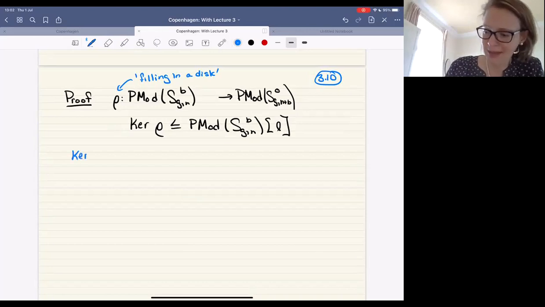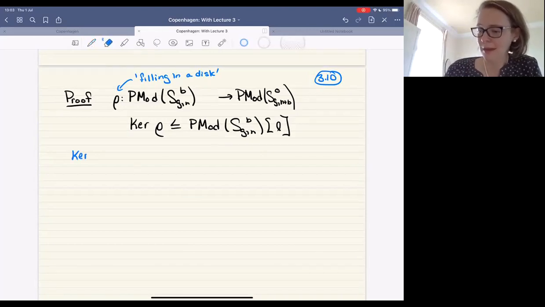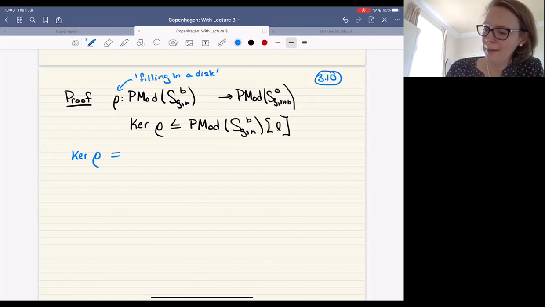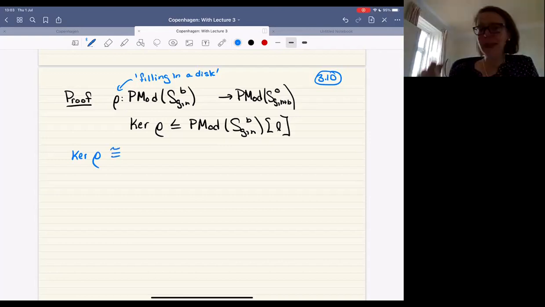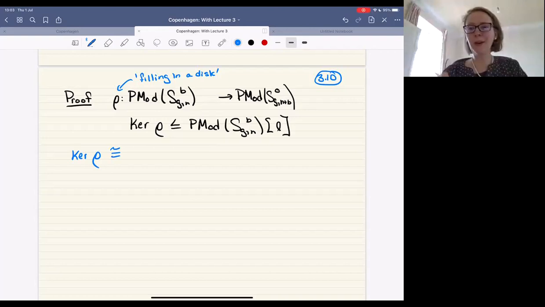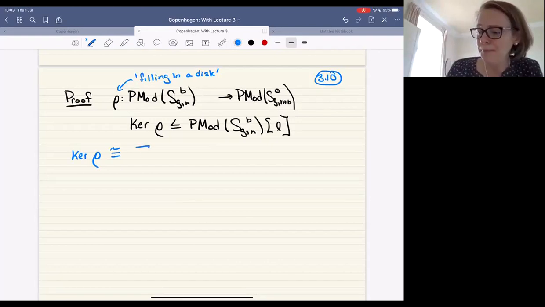I haven't passed to congruence subgroups yet, but the kernel of this map is basically Dehn twisting around the boundary components. That's what you're losing here. If you're familiar with Birman exact sequences, this is just one of the instances of a Birman exact sequence. So you get a copy of the integers for every boundary component.